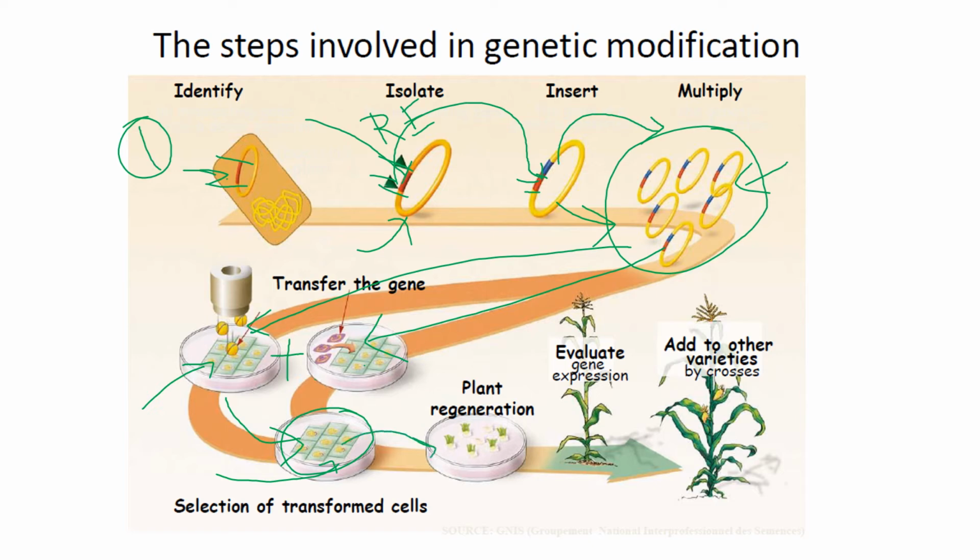Now only those cells are allowed to grow in a plant regeneration experiment, and then after growing them fully with shoots and roots in tissue culture technology, we will plant them in the field and study their gene expression or phenotypic characteristics, whether the plant has taken up that particular gene of your interest from the first step. So these are the steps involved in carrying out genetic modifications in the plant.